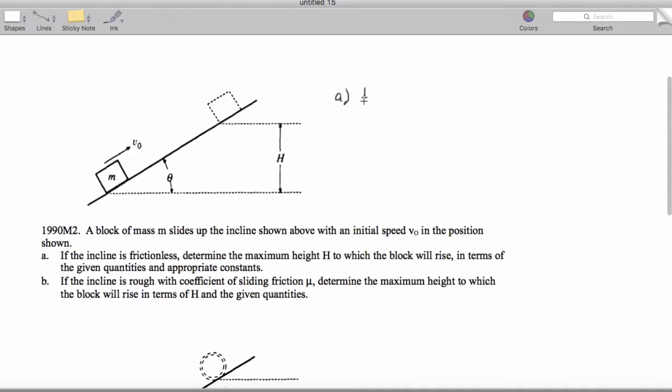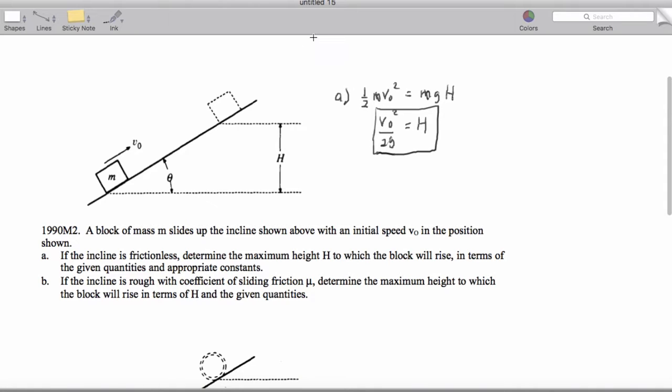In this case, we can simply say 1/2 mv0 squared equals mgh. We're just conserving energy. And so we're just going to get that v0 squared over 2g is the height. That is fairly straightforward.